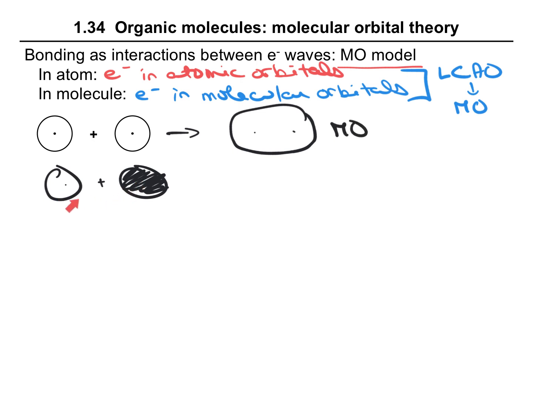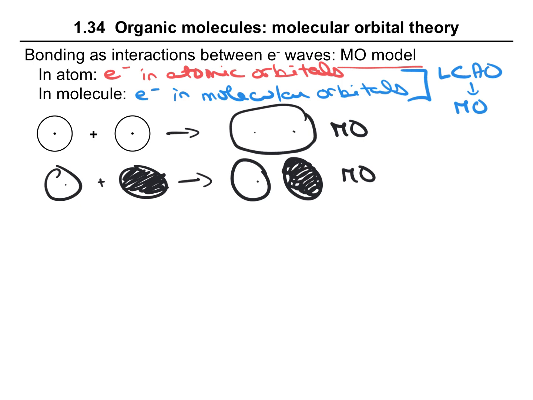But when our atomic orbitals are out of phase, they will add together to give a molecular orbital that looks more like this. With the linear combination of atomic orbitals to molecular orbitals, there is conservation of number. So because we are starting out with two atomic orbitals, we form two molecular orbitals.